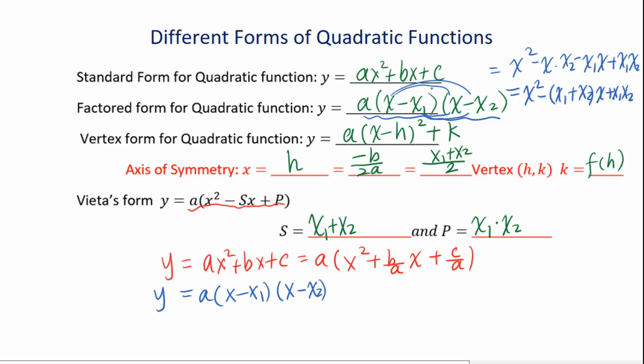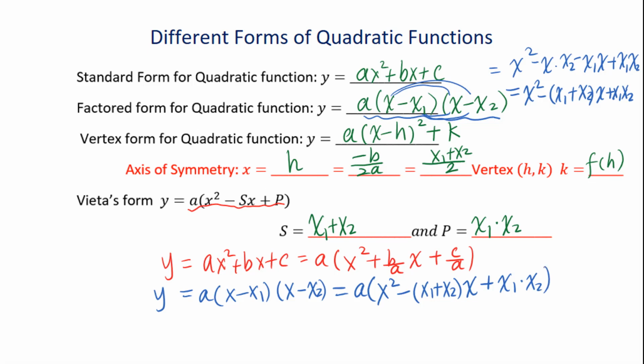Then we put a before that. You will get a times (x squared minus (x1 plus x2) x plus x1 times x2).